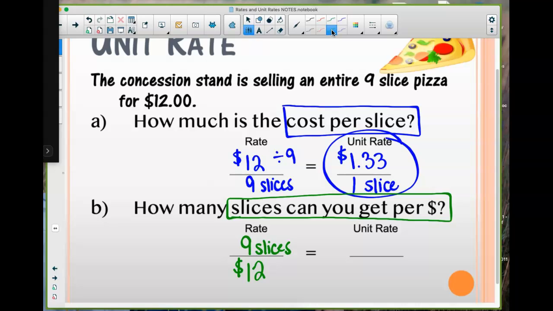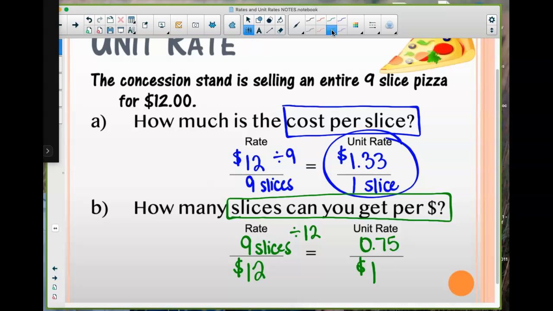Okay, if I want to know how many slices I can get for $1, I want to get the bottom number to be $1. Okay, so now we would divide. What am I going to divide by this time? You always divide by whatever's on the bottom. So we're going to divide by 12. So we're going to do 9 divided by 12, and it's 0.75.